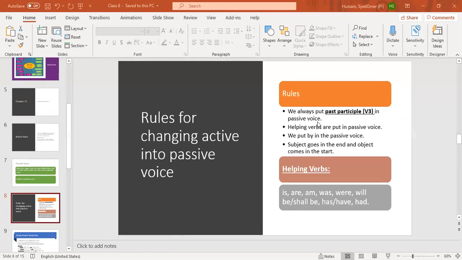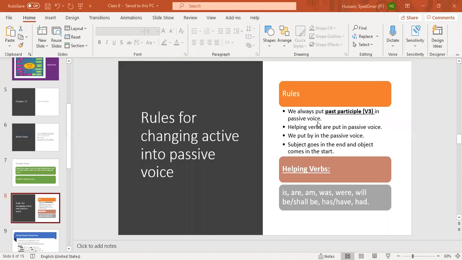This is the first main rule. You don't need to put the ing form, or the first form, or the second form. You will only put the third form, the past participle, in the passive voice.